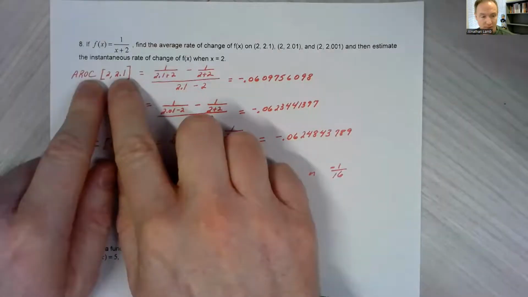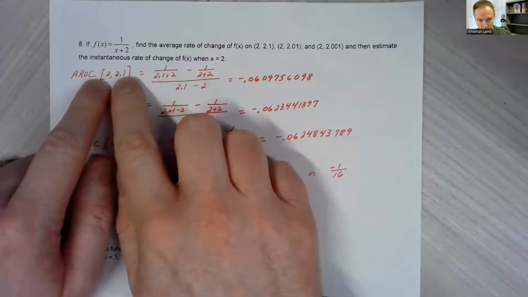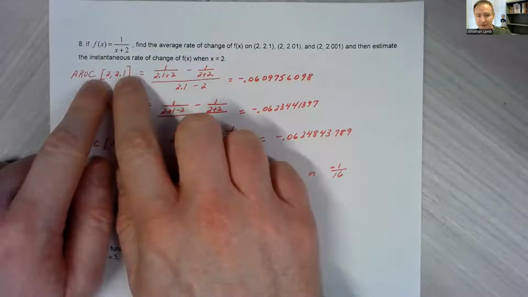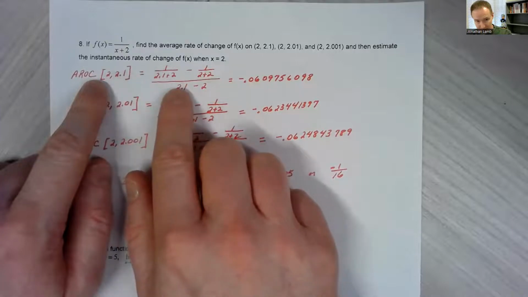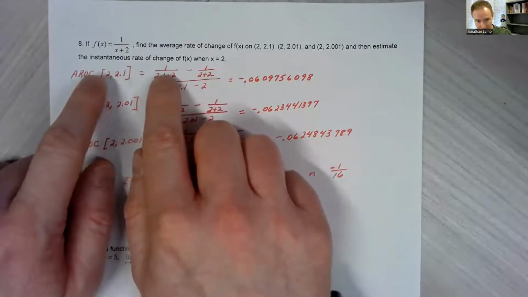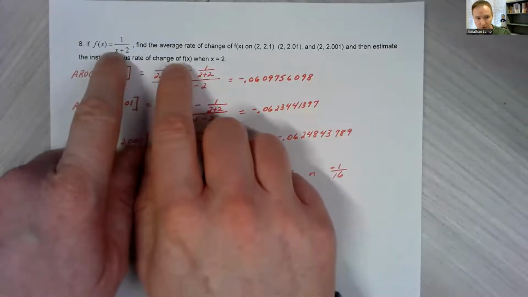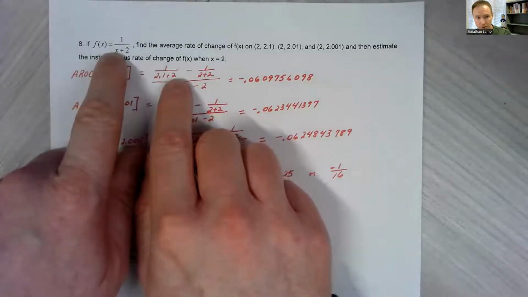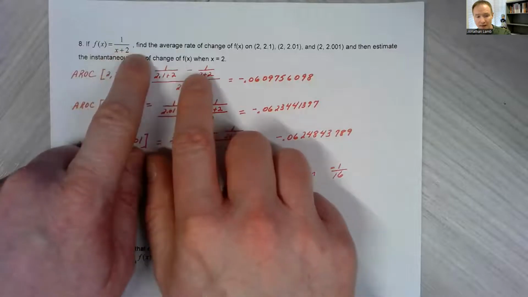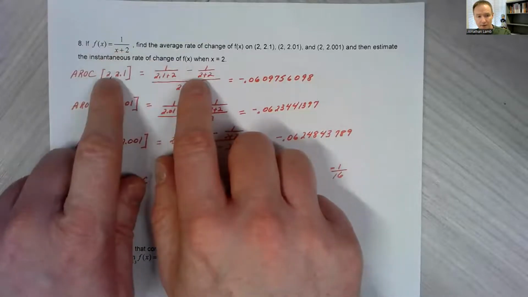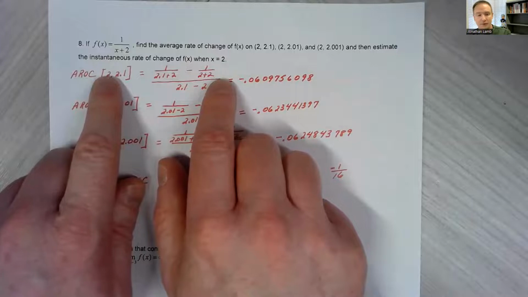So first up, the average rate of change from 2 to 2.1. All you're doing here is f of 2.1 minus f of 2, divided by 2.1 minus 2. F of 2.1 is just 2.1 plugged into your function. That's where I got this 1 over 2.1 plus 2, minus f of 2, which is just 1/4.